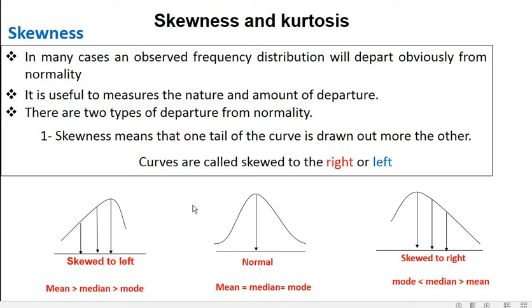The nature means whether the data is towards the right or the left. The amount of this departure could be known by the median and the mode.